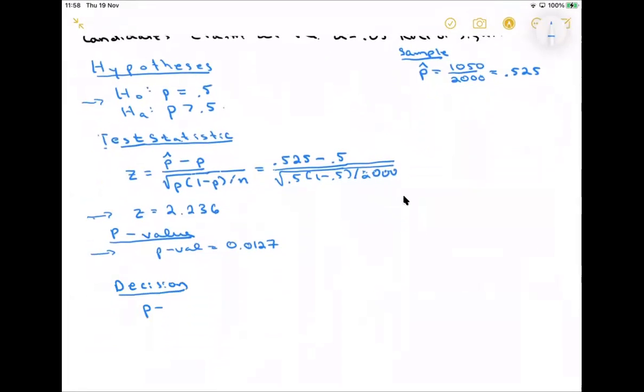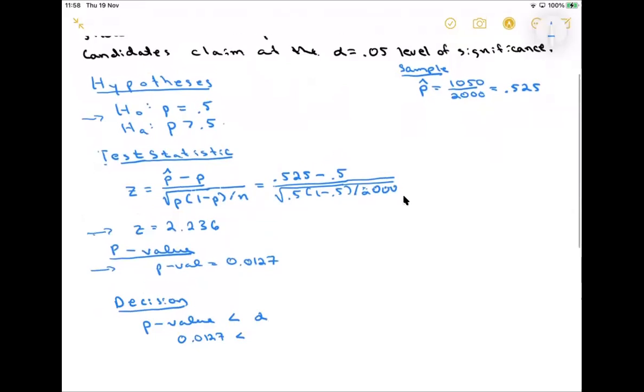When the p-value is less than the level of significance, here it's 0.0127, which is less than the level of significance of 0.05, we reject the null hypothesis. When we reject the null hypothesis, that means we accept the alternate hypothesis.